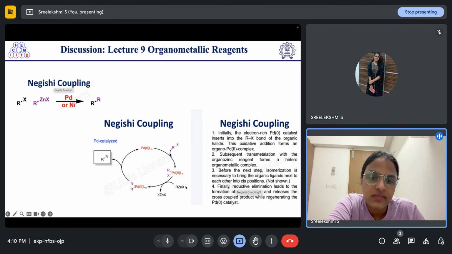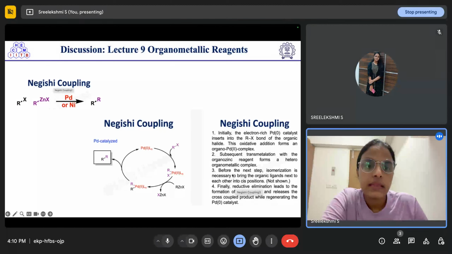Then whatever organozinc reagent we are using will undergo transmetallation to leave this zinc halide, and we will get this particular intermediate. Then, before the reductive elimination takes place to get this coupled product, the next step will be isomerization to bring the organic ligands next to each other into cis position.